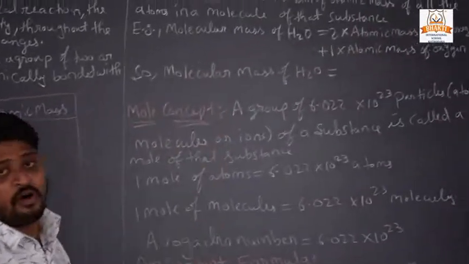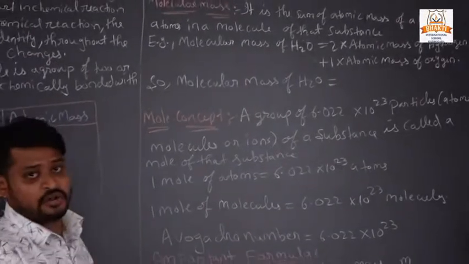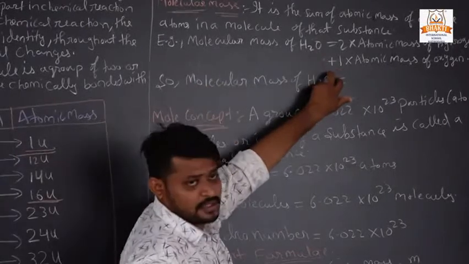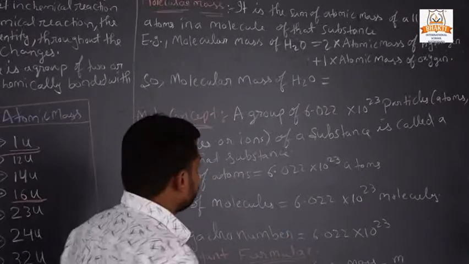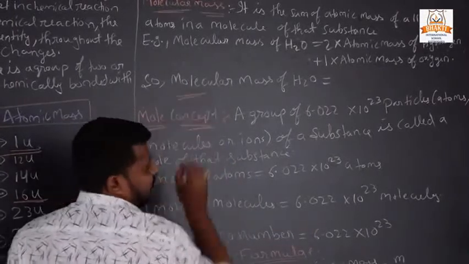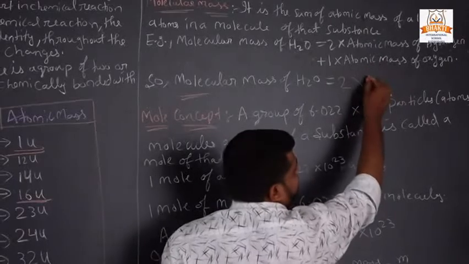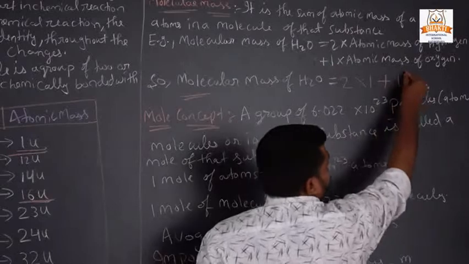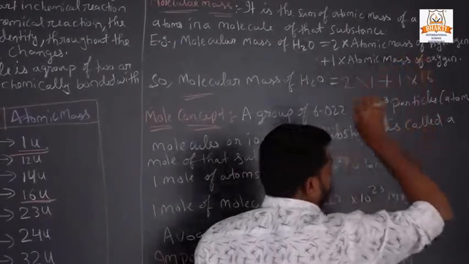So molecular mass is the sum of the atomic masses of all the elements in the molecule. We sum these: 2 into the atomic mass of hydrogen, which is 1, plus 1 into the atomic mass of oxygen, which is 16.